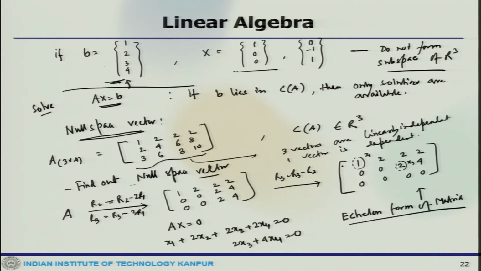Once we do this elimination process, we end up getting these pivots, and these pivots are going to determine the rank of the matrix.